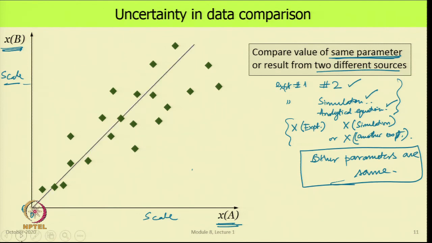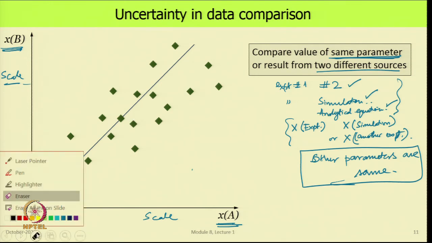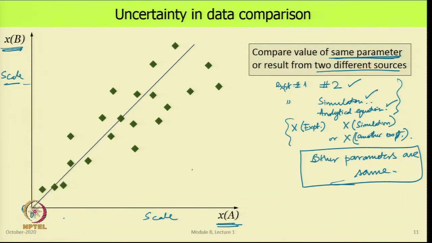So, this is the first line we put up, and this is a line where the two are equal. On a linear scale, this will be a 45-degree line. Linear scale, and in any case, x A and x B scales are same.